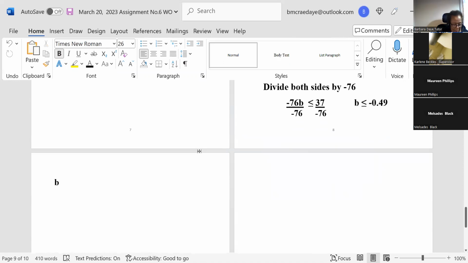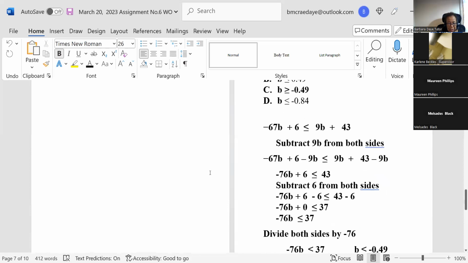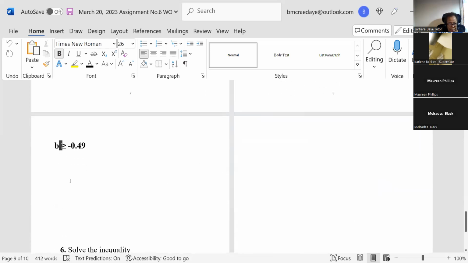So B is greater than or equal to minus 0.49, because we rounded off to two places. Questions? And that was answer C. Any questions?